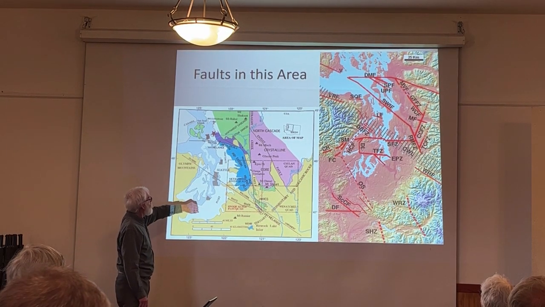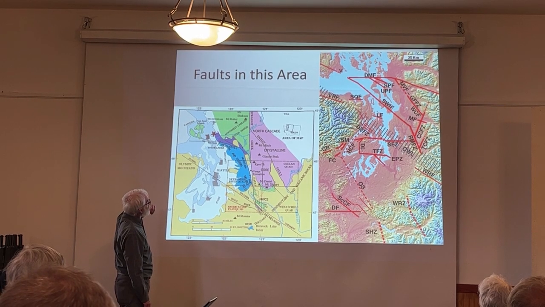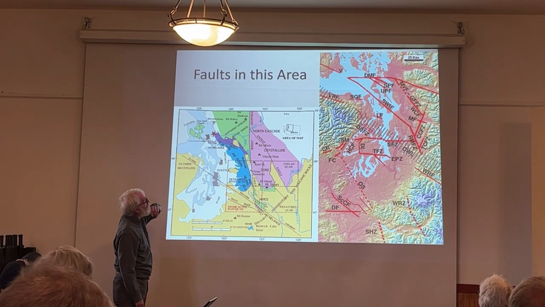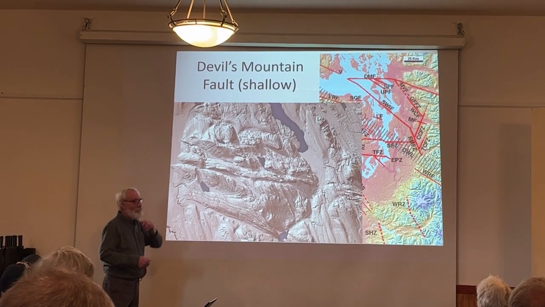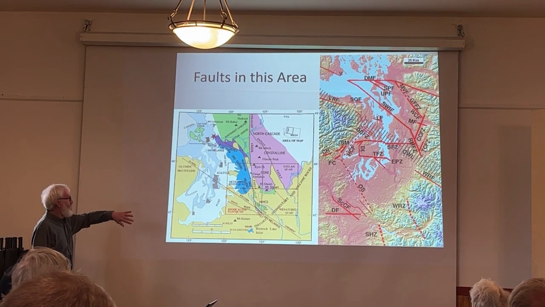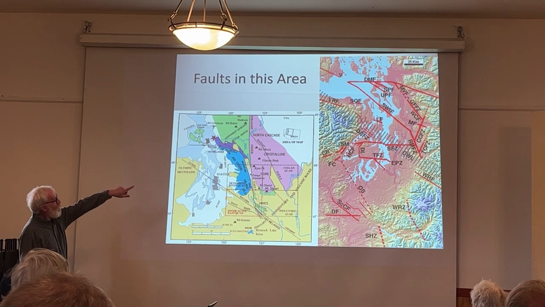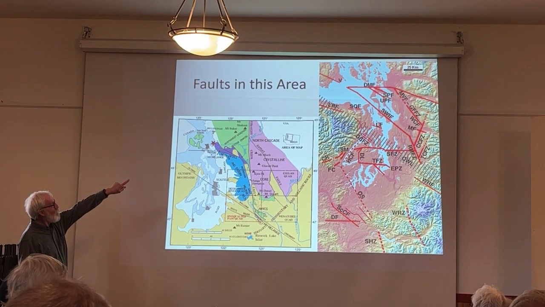Okay. The Seattle Fault is on here. I think it's on the next one. Okay, go back up, sorry. So anyway, these are major faults through the Northwest. The one on the right has some of the smaller ones. Right in the top there, you see DNF.